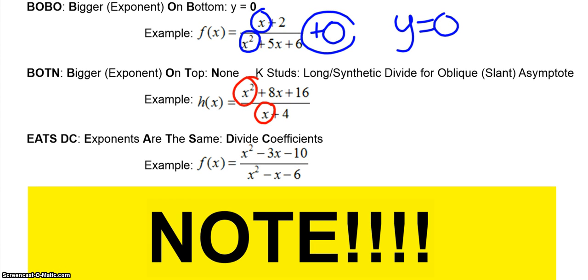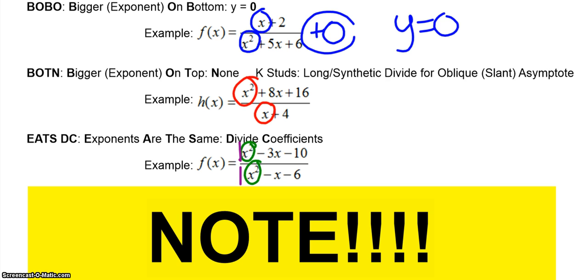But the last one is eats DC. Exponents are the same, so you divide their coefficients. Let's take a look. We have an x squared up front and an x squared up front. They are the same exponents, so you divide the coefficients. What coefficients do we have in front of the x squared? We have a 1, and on bottom we also have a 1.